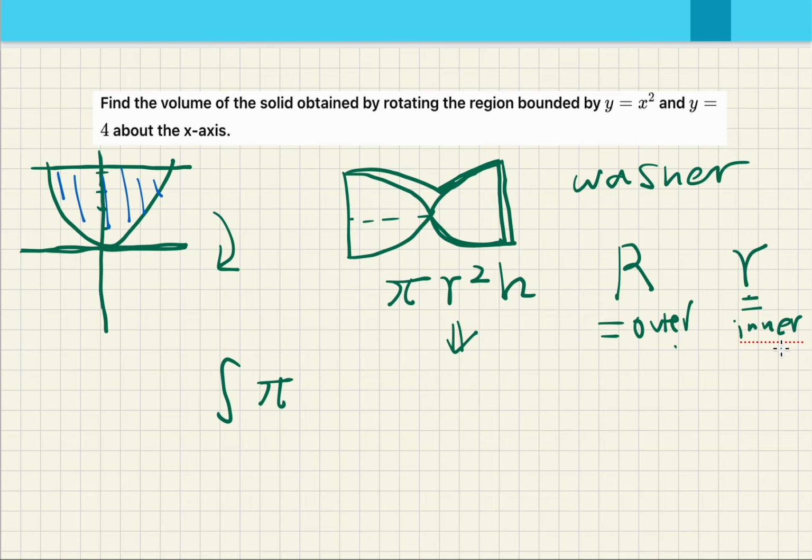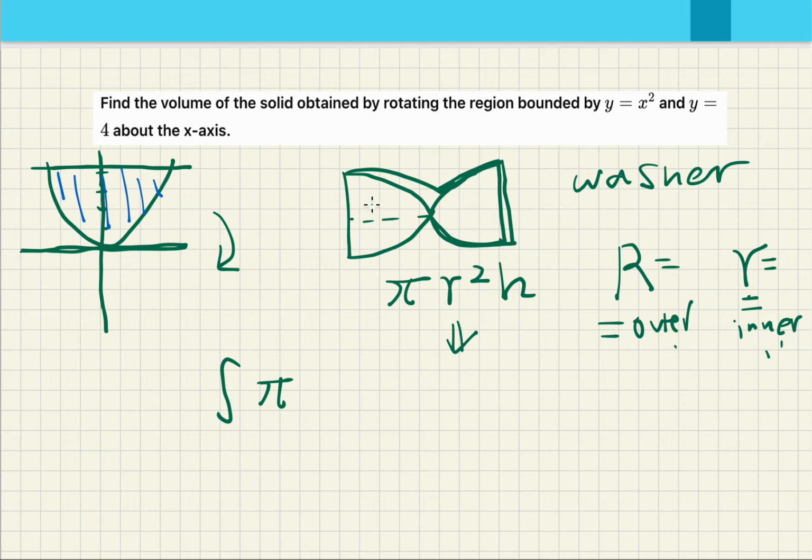And so it's usually an equation. In this case, the equation given to us is y equals x squared. And so all you need to remember is that the uppercase R is usually a constant and the lowercase r is an equation. So in this case, the constant given to us is y equals 4. And that is the outer radius.